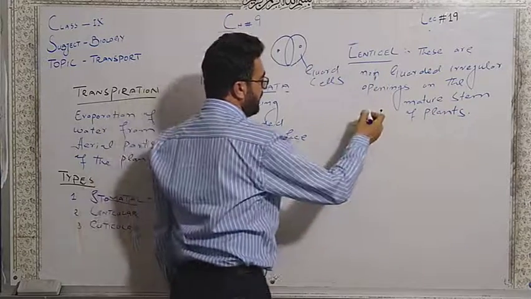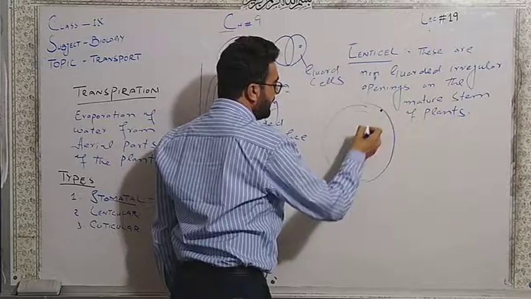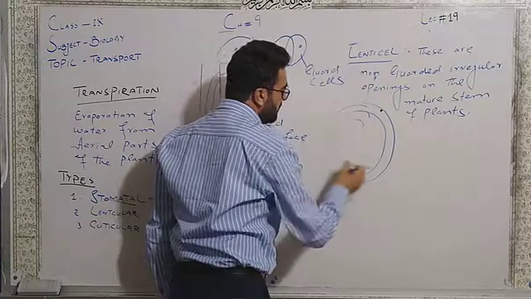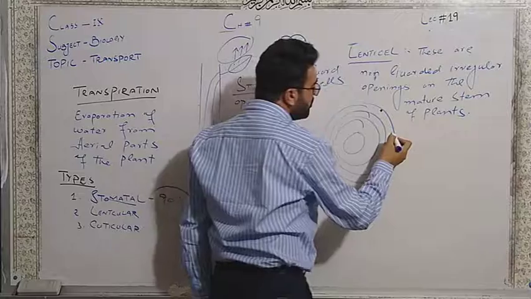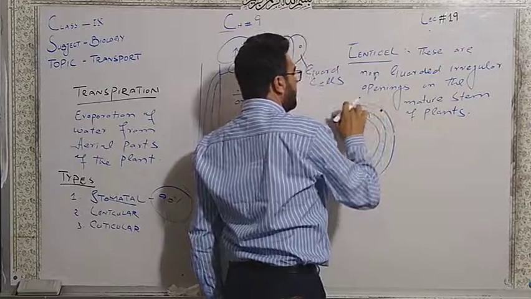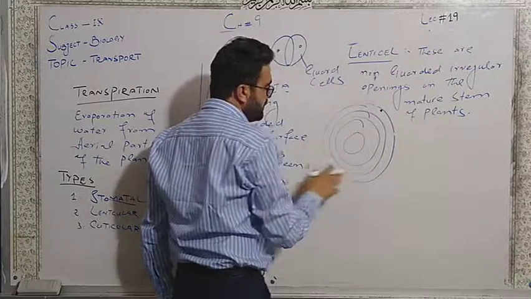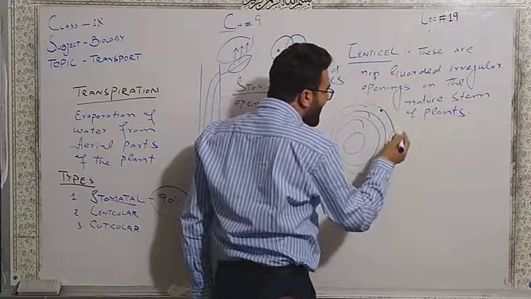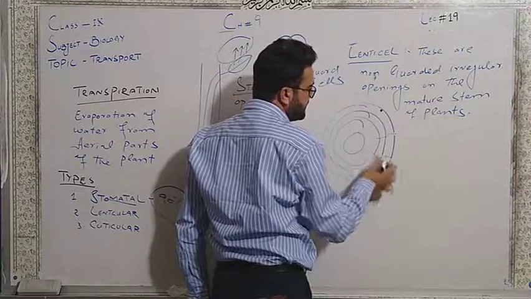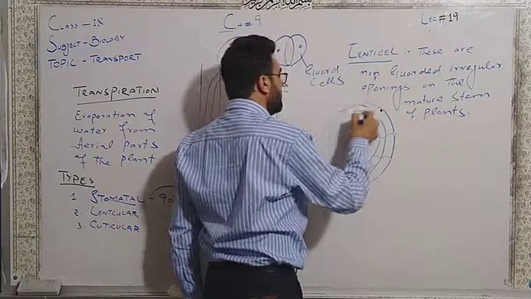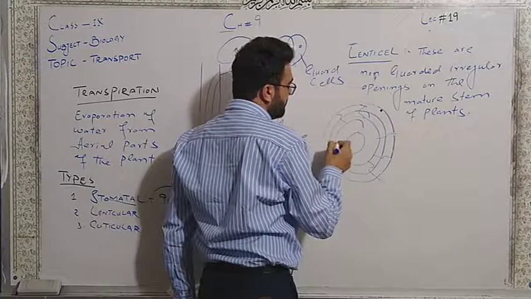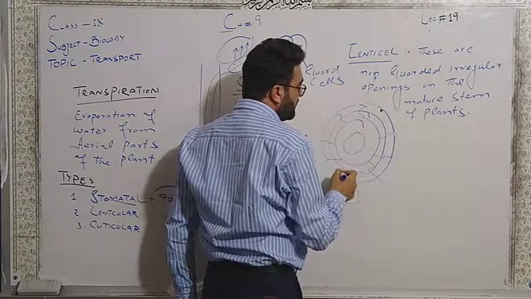You know very well that when you see the mature stem of a tree, you will see some cracks usually present, and these cracks are the result of the secondary growth in the plant.